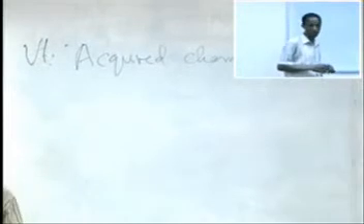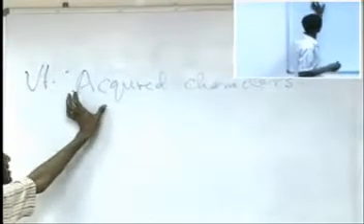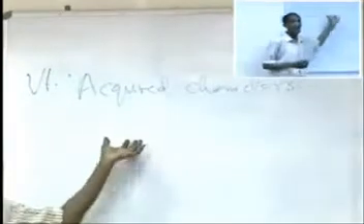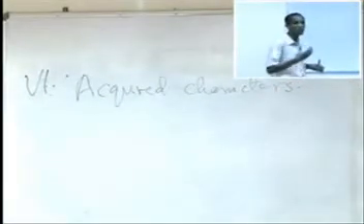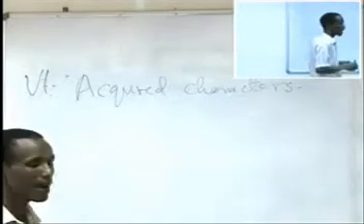Those two scientists put forward two theories of organic evolution, and Lamarck is the one who proposed that the organism may acquire characters, and those characters will be inherited, passed from one generation to another.